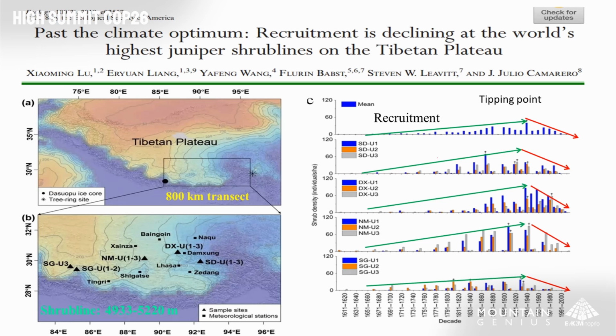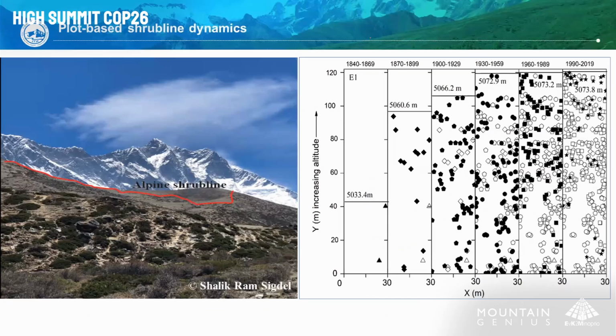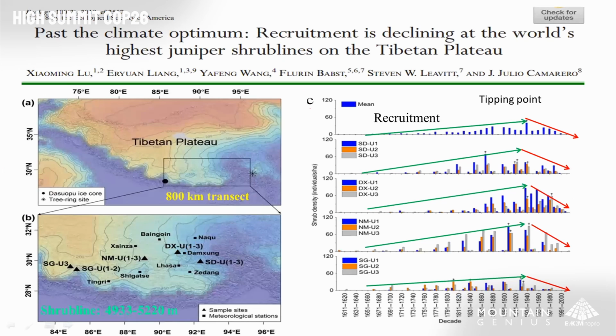Why has recruitment reduced? Because of the past climate optimum: with a warming climate, the warming makes more water stress. So this is the reason for reduced recruitment.